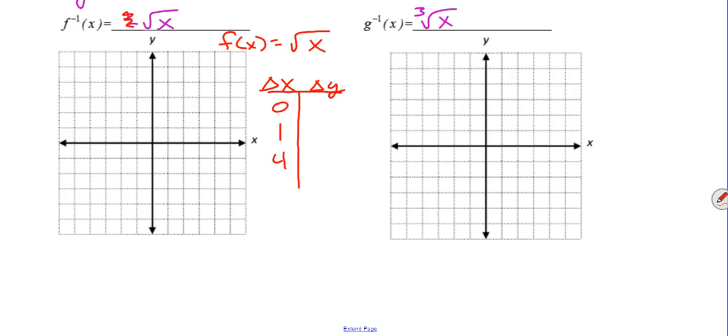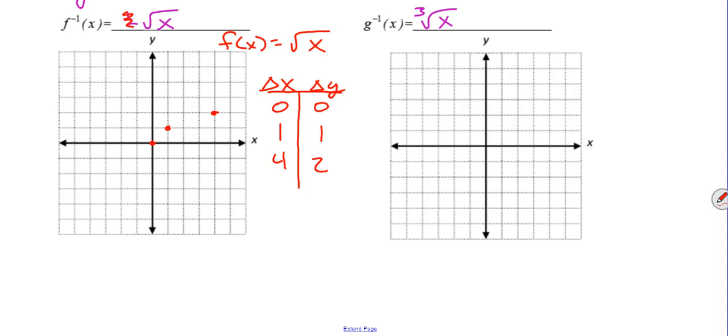I picked perfect squares so that the square root of 0 is 0, the square root of 1 is 1, and the square root of 4 is 2. So this gives me some nice, easy points. Could I have picked the square root of 3? Yeah, but I really don't want to graph that. All right? So if I'm going to graph this, it'll be (0, 0), (1, 1), and (4, 2).